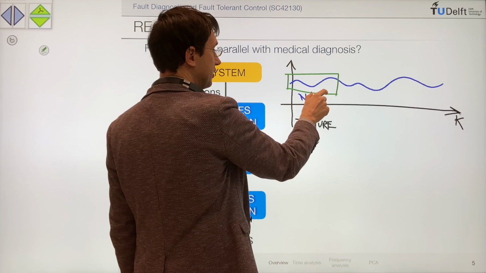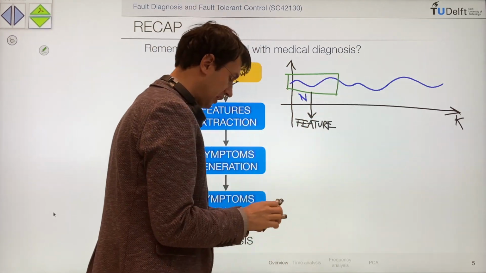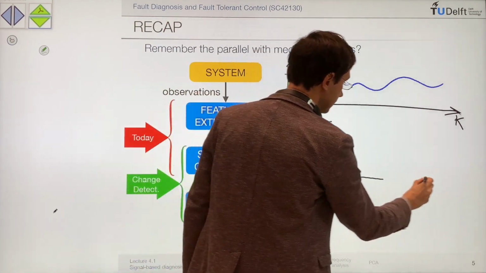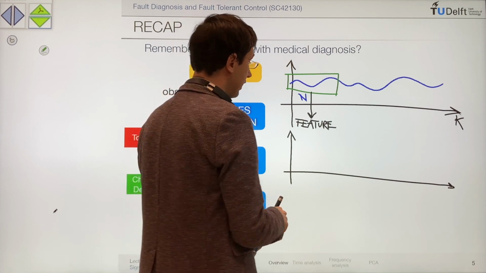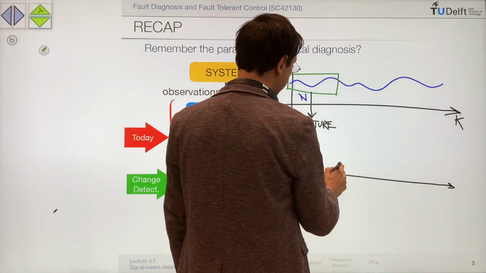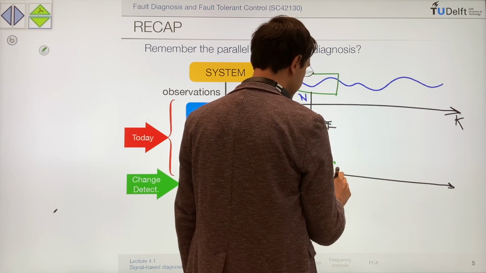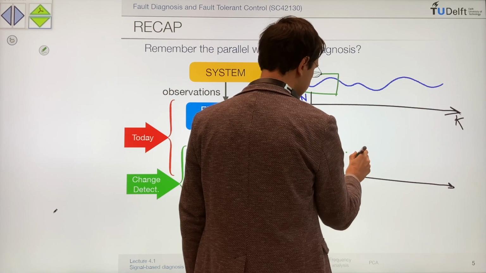Indeed, when we have a new measurement, we just move this window one time step forward. So in time, these features will be like this. We have nothing here, nothing here, nothing here, but when we get to sample n, we have a first value. Then we have another value, and so on.